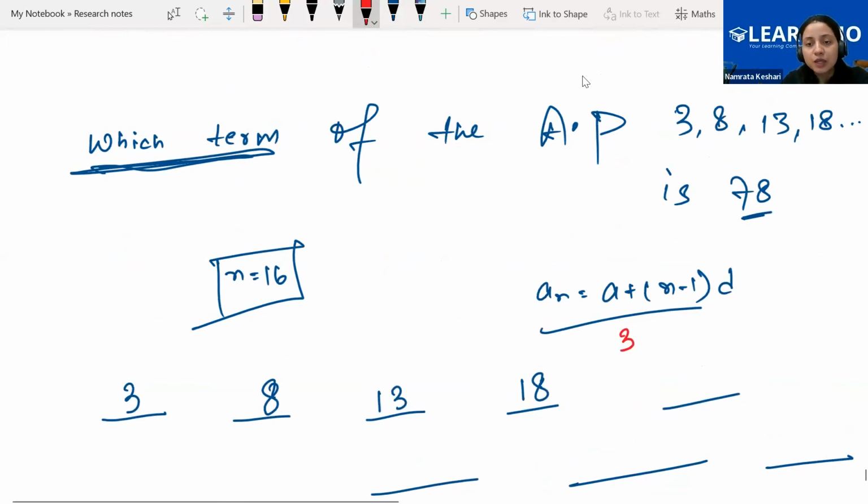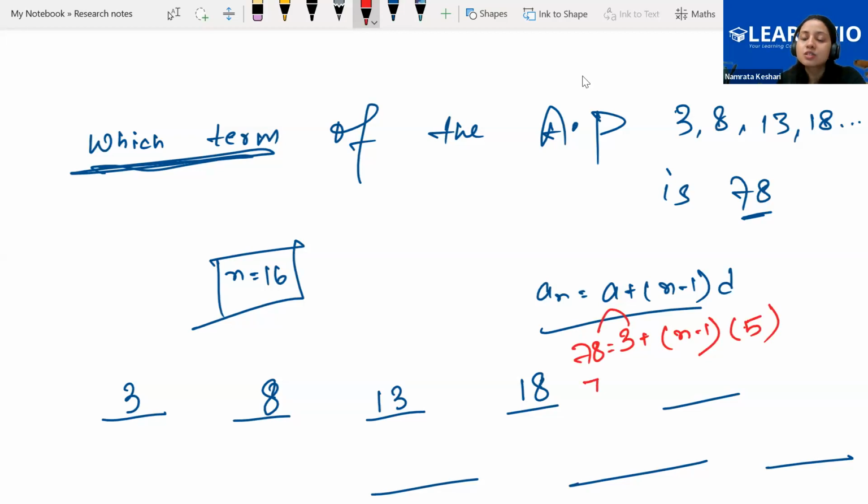A is 3, n we don't know. D we know, 8 minus 3, that is plus 5. An, we know it, a certain place is there where 78 is sitting. So 78 minus 3, this 3 will come to this side.